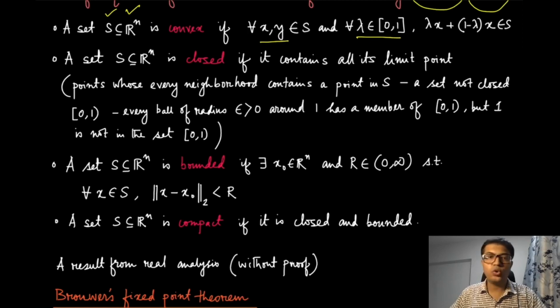is about closedness. So we say that a set is closed when it contains all its limit points. So what does a limit point mean? So limit points are those kind of points for a set where every neighborhood of that point contains a point in S. So let us think about this.